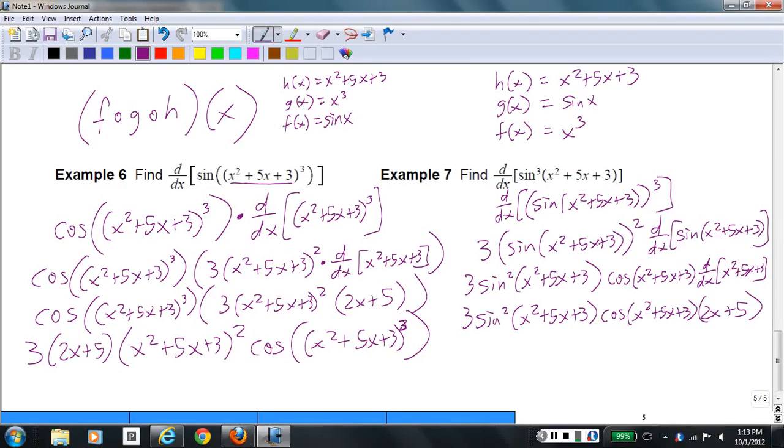That's the only thing I might suggest. Otherwise, you could leave it like that. So 3 times 2x plus 5 times sine squared of x squared plus 5x plus 3 times cosine of x squared plus 5x plus 3. And that's got to be enough, huh?